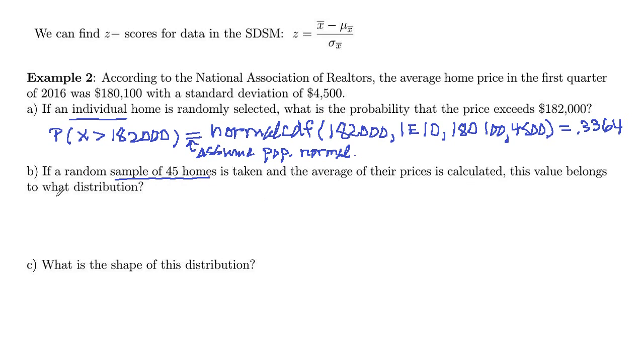Now, if a random sample of 45 homes is taken, and the average of their prices is calculated, this value belongs to what distribution? If you take the average of their prices, that is an X bar value. So this is in the sampling distribution of the sample mean, and it's for n equal 45.